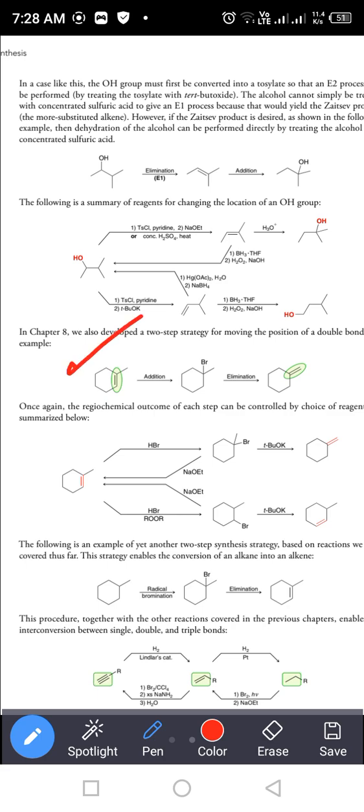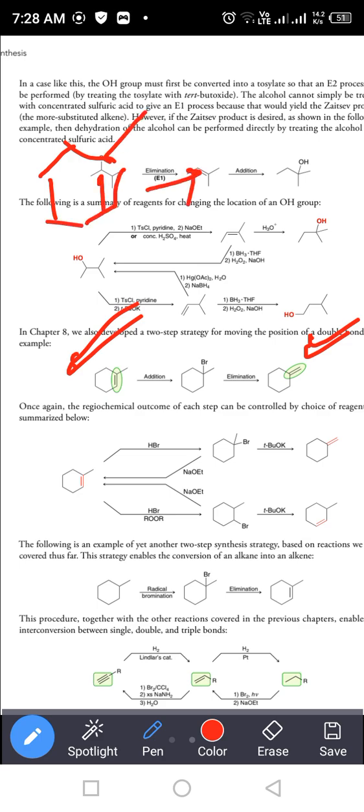This alkene now changes into this alkene. This is a substituted alkene, and this is an unsubstituted alkene. How is this substituted alkene converted into unsubstituted alkene? It means a question may be asked like this: convert this compound into this compound.